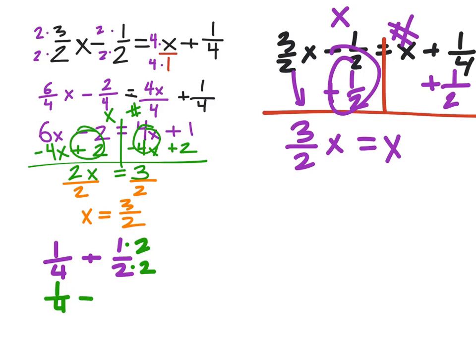So this then becomes 1/4 plus 2/4, which combines into fourths, 1 and 2 of them, is 3 of them. So this ends up being positive 3/4 there.